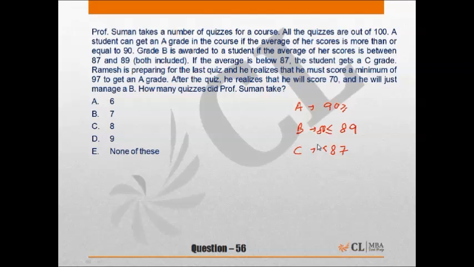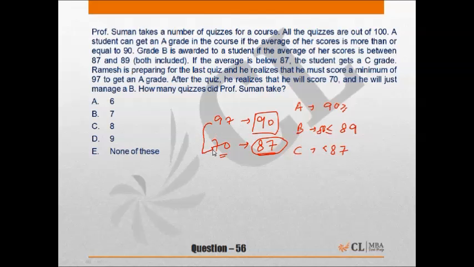So we have to find the number of quizzes taken by Professor Suman. As we know, Ramesh needed 97 marks to manage an average of 90 across all tests, and after the test he realized that his score would be 70 and he would just manage grade B. For that we need an average of 87.